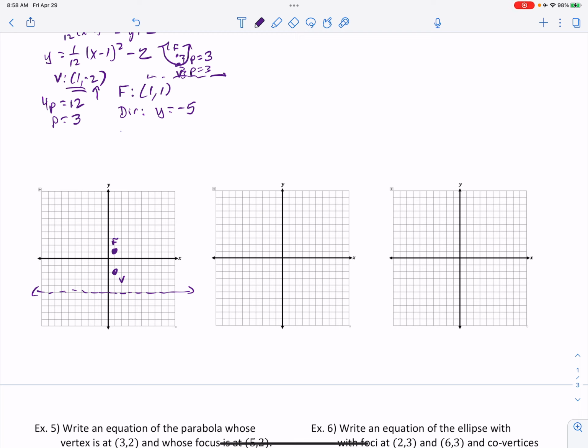Now, you need to find the points A and B, the endpoints of the focal chord. And the focal chord length is the 4p.